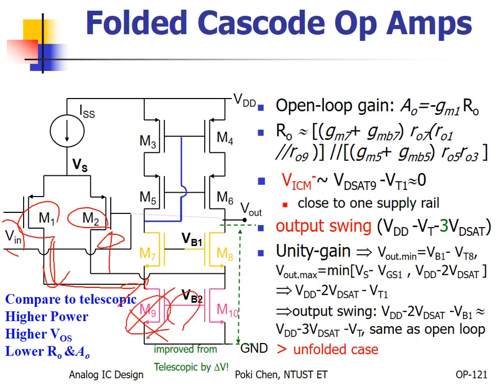I can only provide DC current. No AC is allowed in, right? So all the AC current will be pushed upward, will be folded. Because from the beginning it's downward, it is folded upward through M7 to the upper node. That is the meaning of folding.